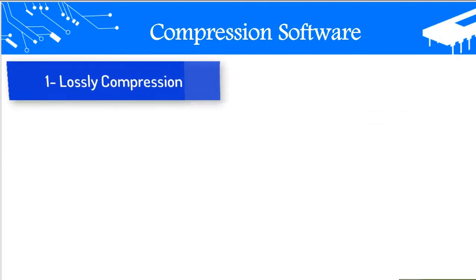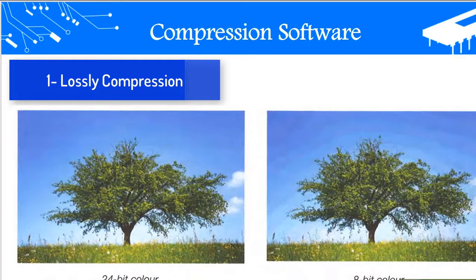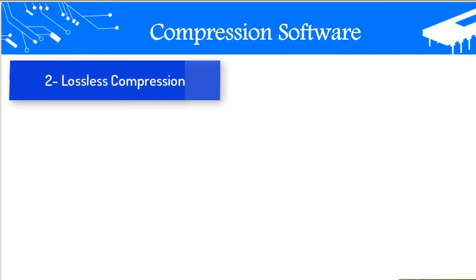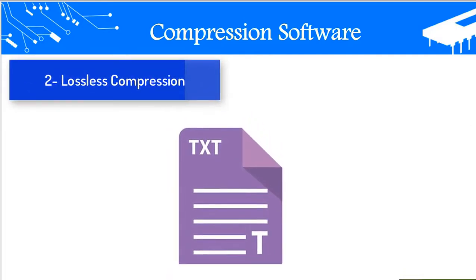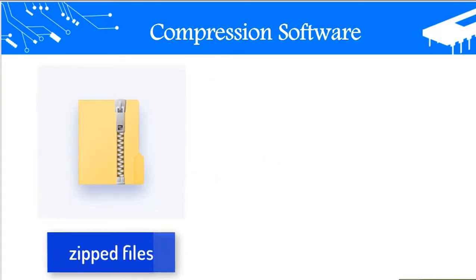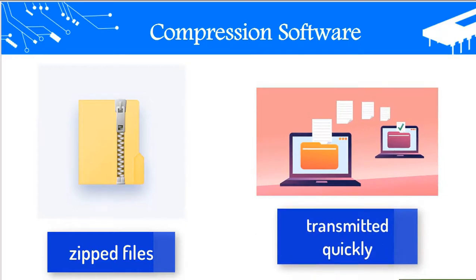Lossy compression can be used in photos where some detail is lost, but this will be undetectable when viewed on screen. While lossless compression is used on text files where it has to be possible to restore the file exactly. So zipped or compressed files can be transmitted much more quickly over the internet.